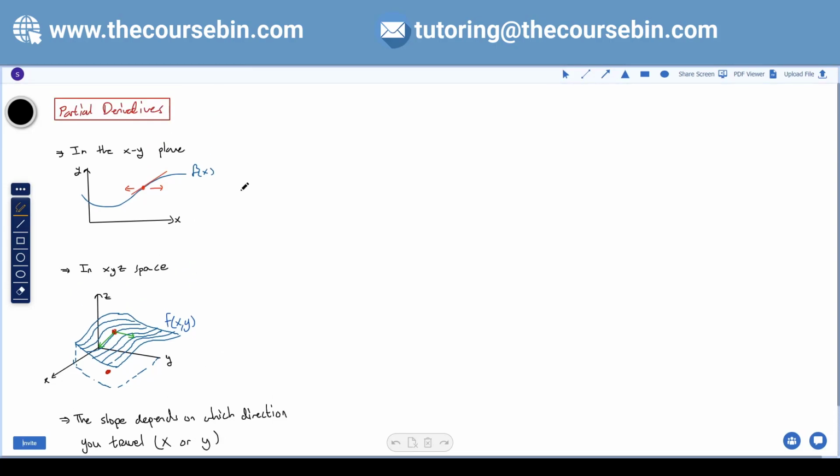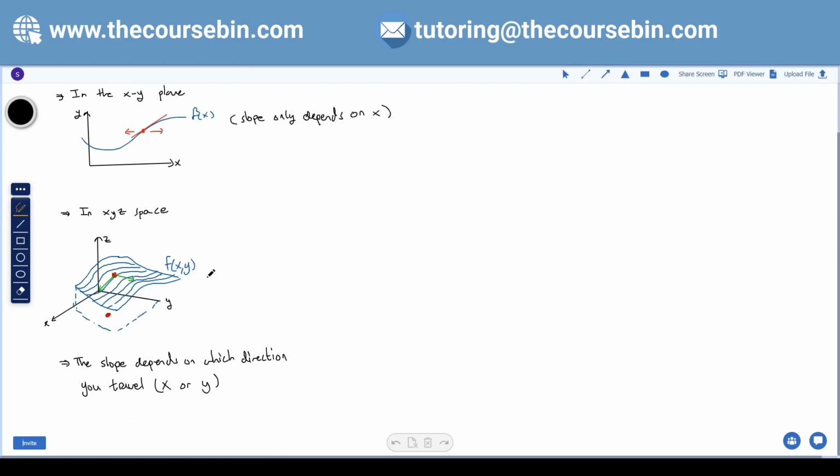Whereas in this case, your slope only depends on x. So basically, in three dimensions, it depends on more than one. When you're in 3D and you have a function of x and y, your slope depends on whether you go in the x direction or the y direction.